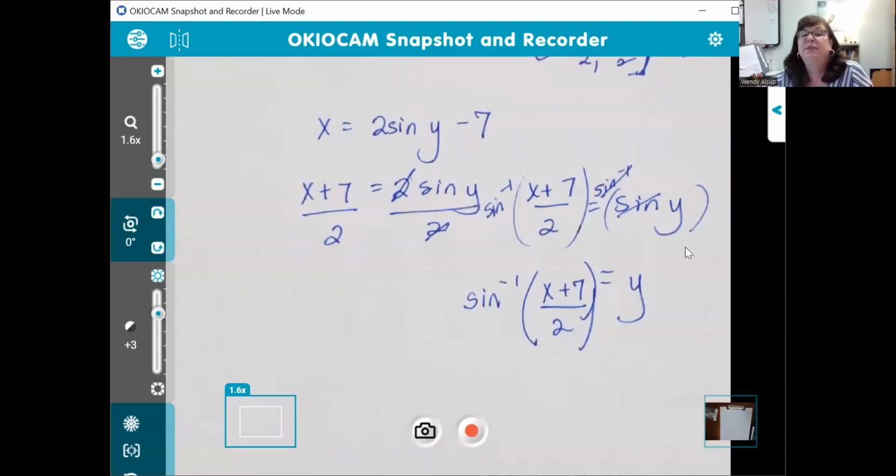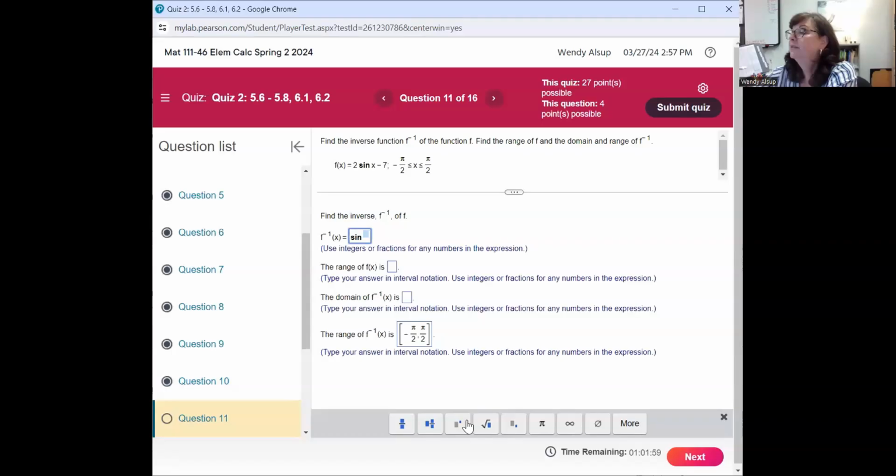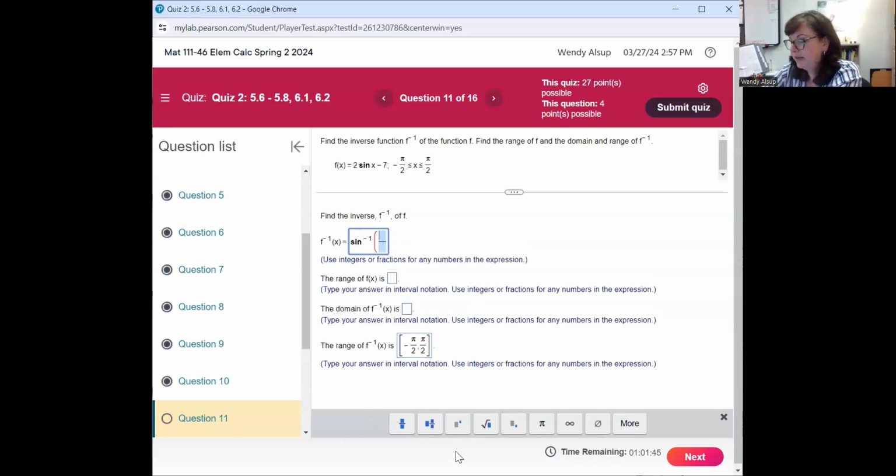All righty. So now let's go back here, what I'm going to put in. I just found that my inverse function is the inverse sine of x plus 7 up top, the 2 in the bottom.